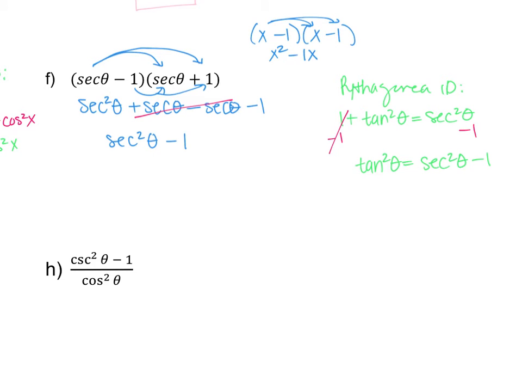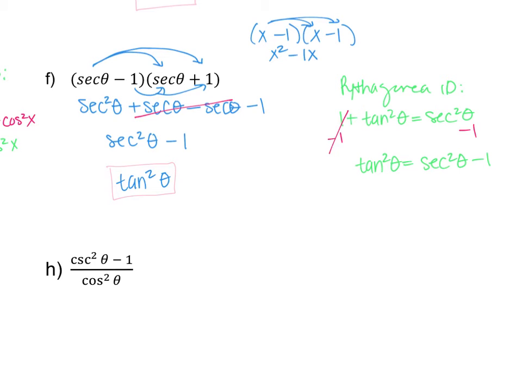And so I just made secant squared minus 1 right here. Turns out secant squared minus 1 is equivalent to tangent squared. So I can replace this guy with tangent squared. Well, that's kind of sweet because now I only have it written as 1 term, whereas this had 2 terms. So I think I'm good here. I think I'm done simplifying. I got this down to 1 trig function.